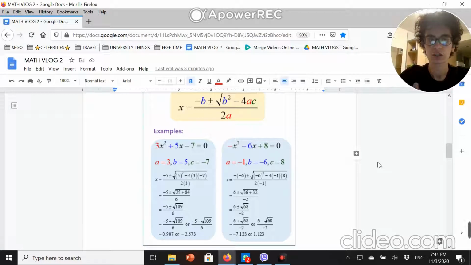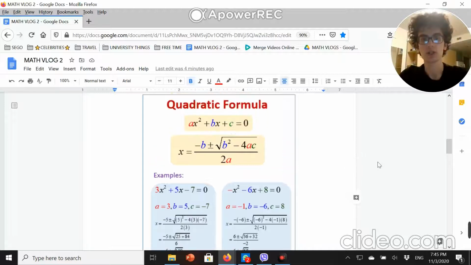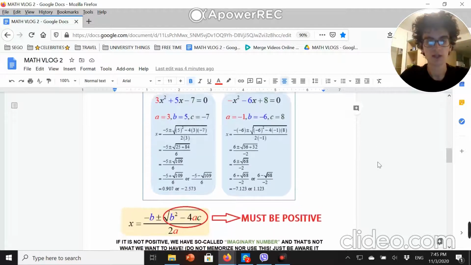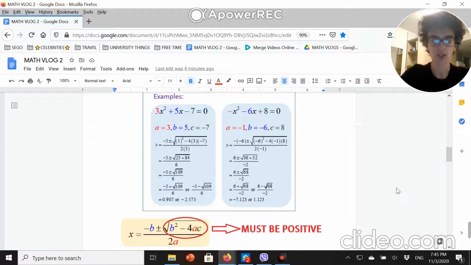But again, this document will be on Google Drive, so please take a look at it if there is a confusion. And there's one thing I actually do want to talk about when it comes to quadratic equations and quadratic formulas, is the fact that what we have under the square root, fourth root, sixth root, any root must be positive.